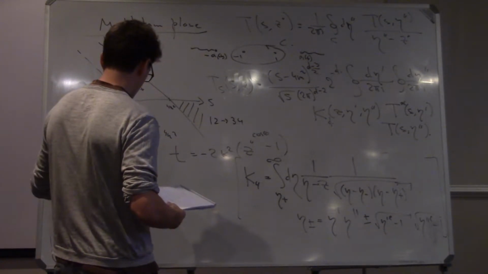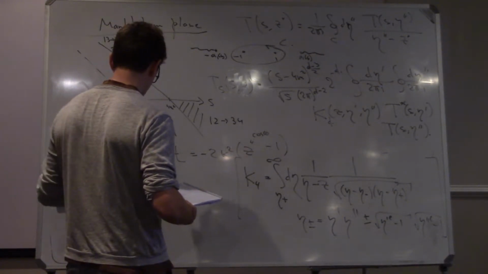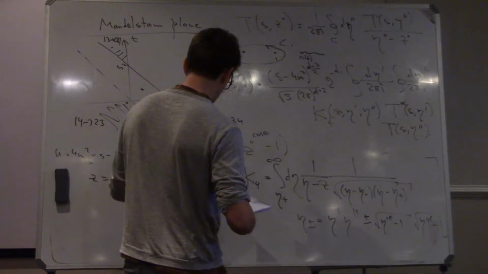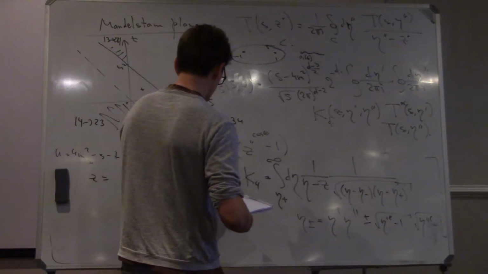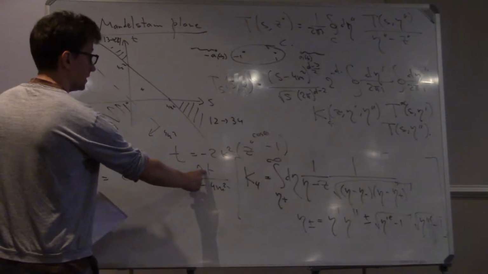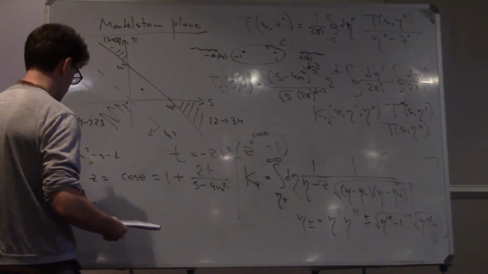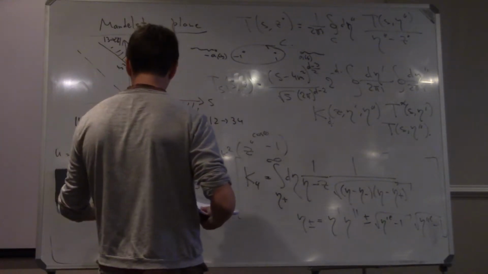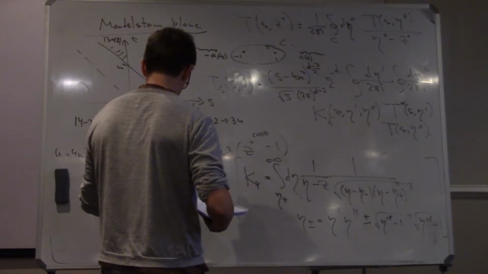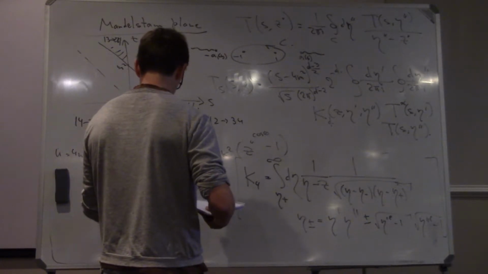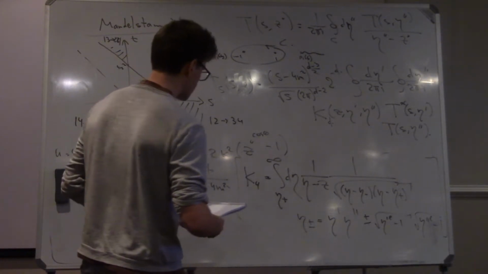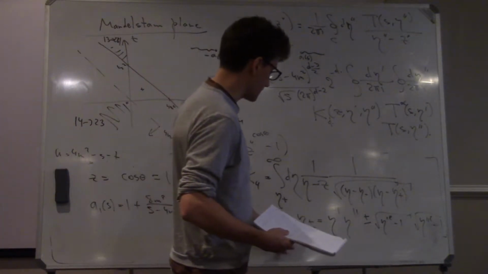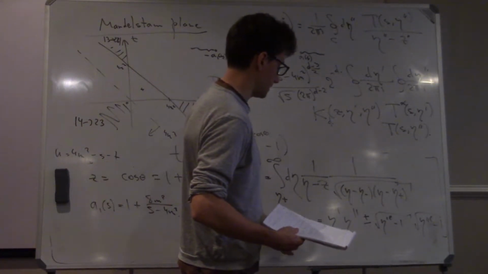So cos theta, or z, in a general reference frame is equal to 1 plus 2t over s minus 4m squared. When you plug in t equal to 4m squared, you get this a1 of s, which is 1 plus 8m squared over s minus 4m squared. Now, what are eta plus and eta minus?